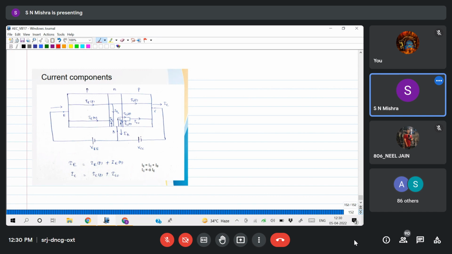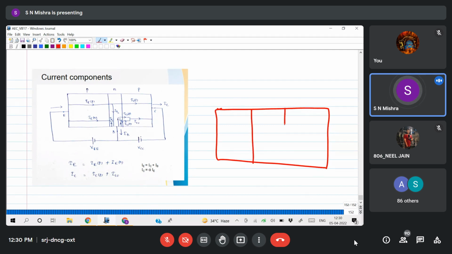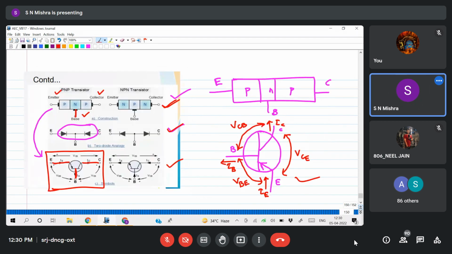Now, first of all, if I take a PNP transistor: emitter, base, collector. The emitter terminal is arrow marked. Look at here: the emitter current is incoming, yes or no?